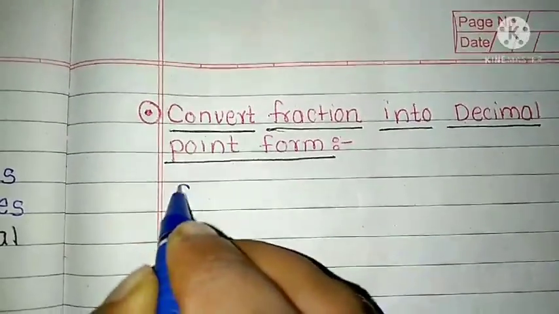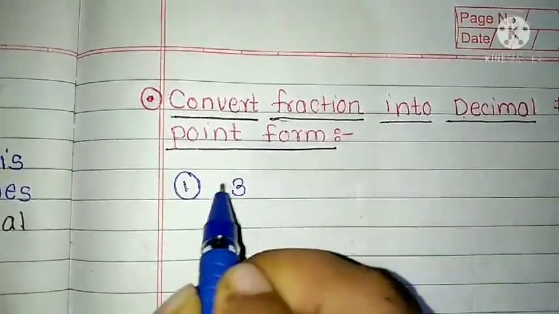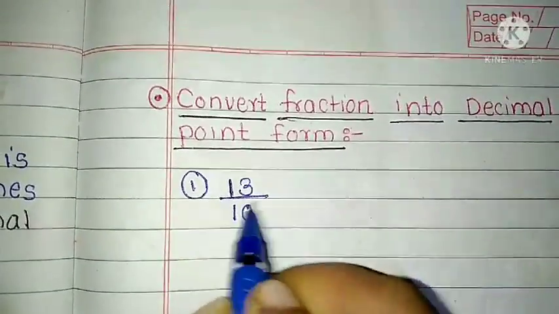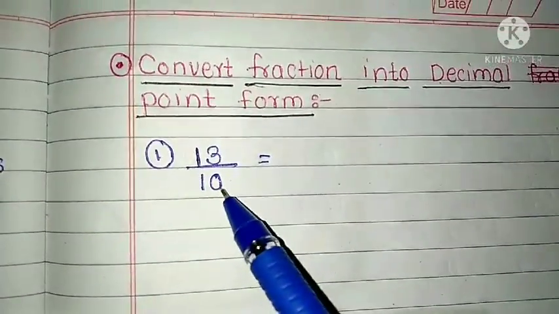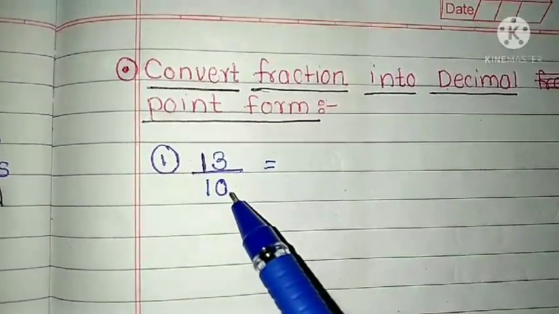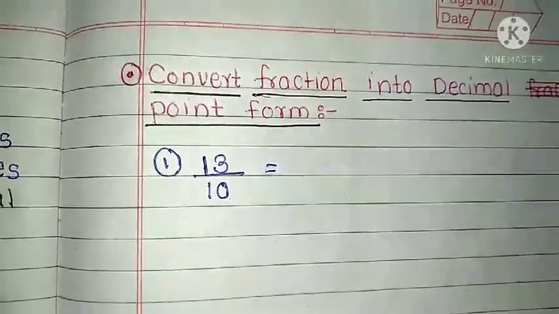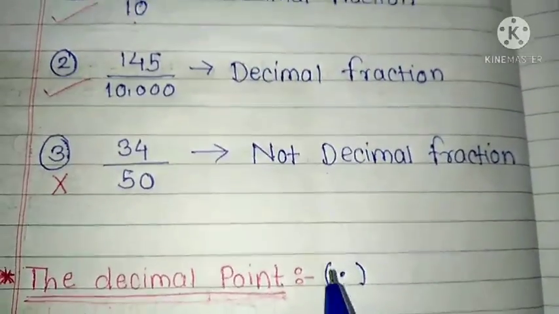For example, 13 upon 10. This is a decimal fraction because its denominator is 10. We have to use the decimal point. So how to use it?